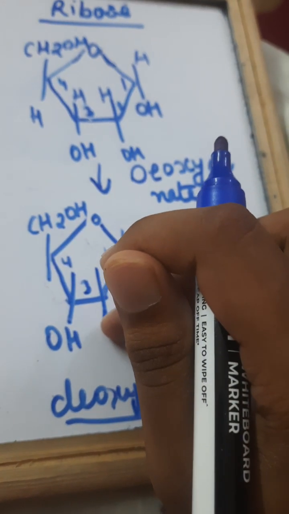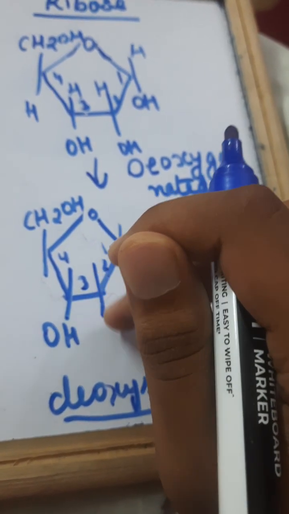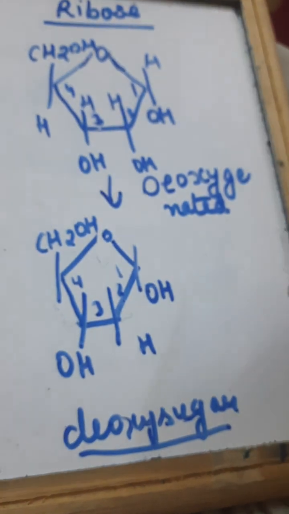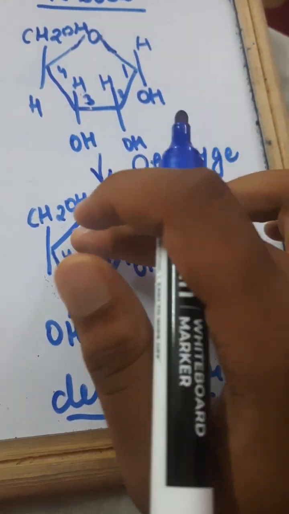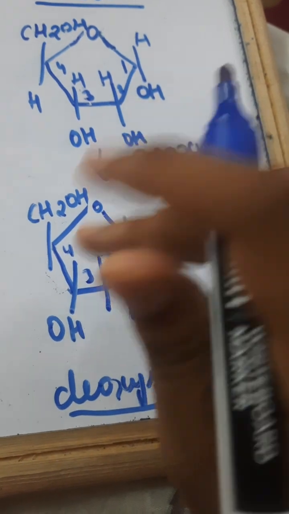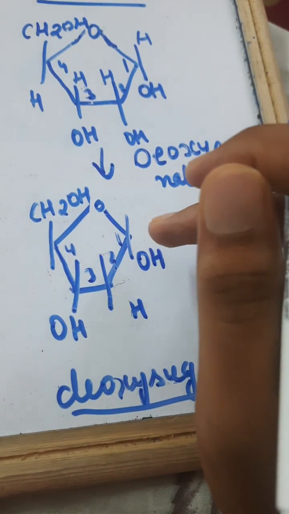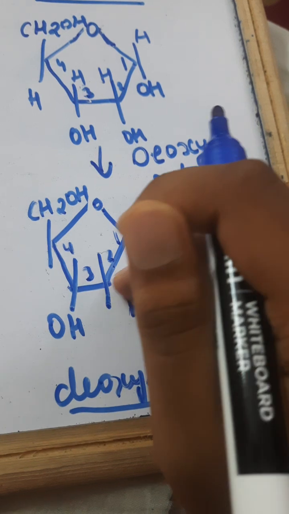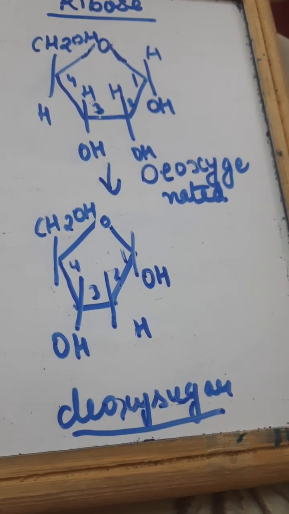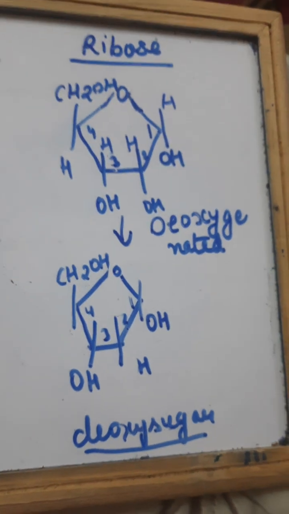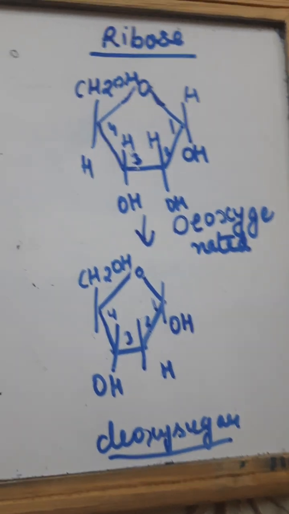Let's remove O from here. Removed. Only H remained. So this is deoxyribose. This is deoxyribose, deoxy sugar, and this is ribose.